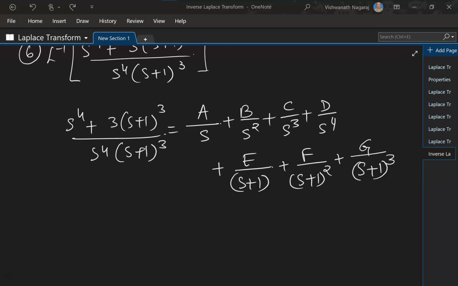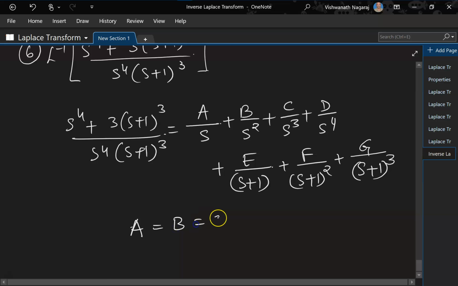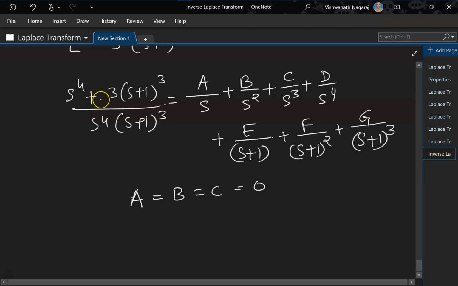So a, b and c will all be 0, right? Because we will end up with only two partial fractions. S^4 is here, so d will have some value, and (s + 1) cube will have some value, so d and g. Rest all, so even e will be equal to f equal to 0.